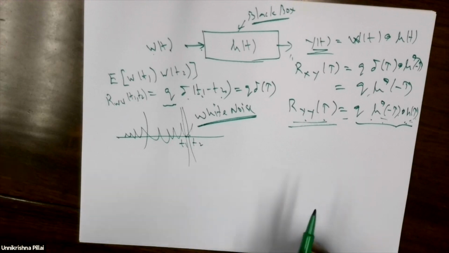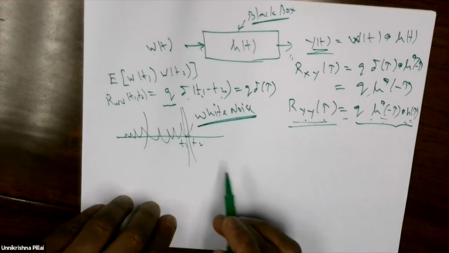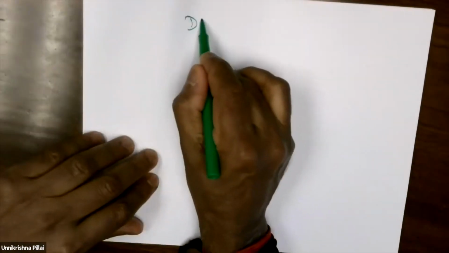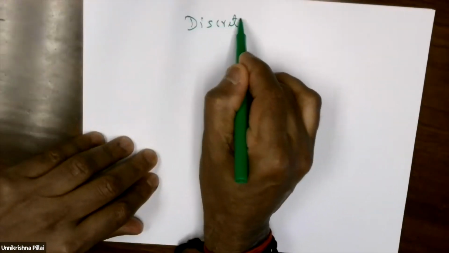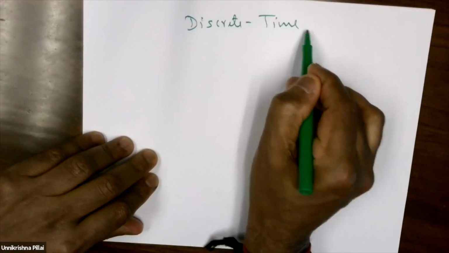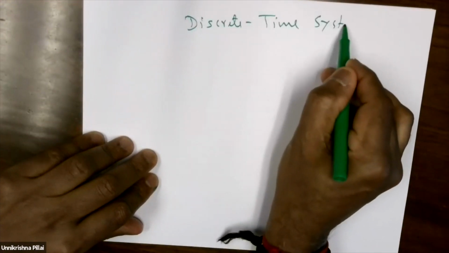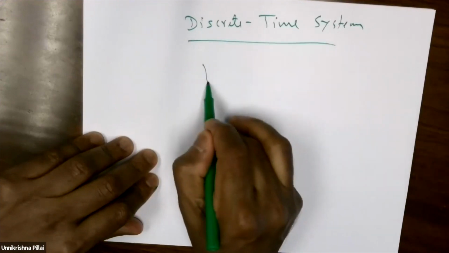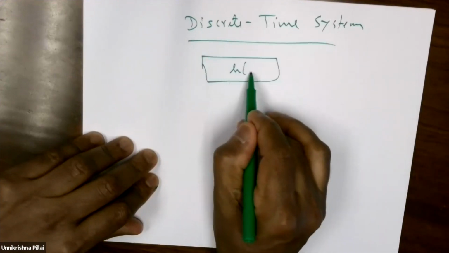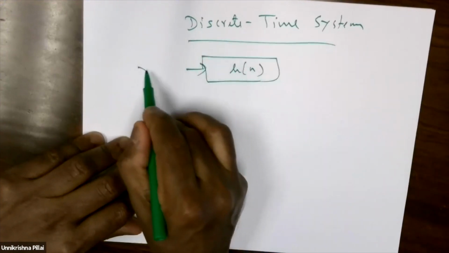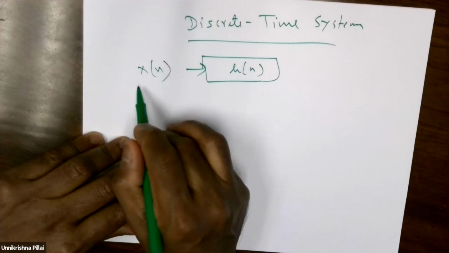Let me quickly note that all this is true for discrete time systems also. That means the time is discrete, and I'll come to this specific example soon.